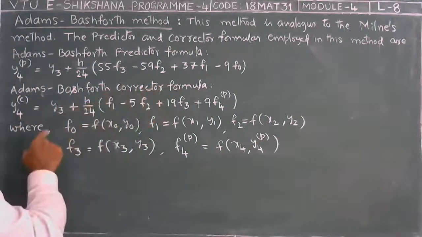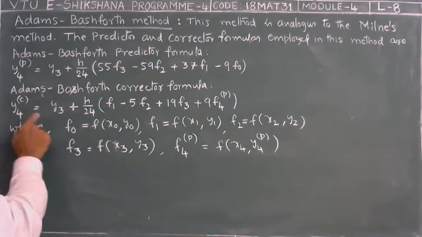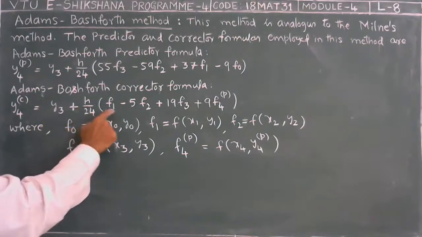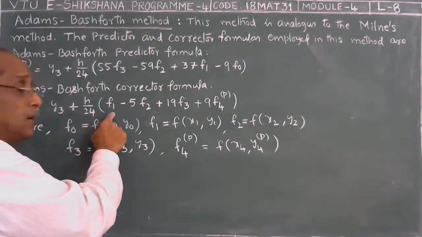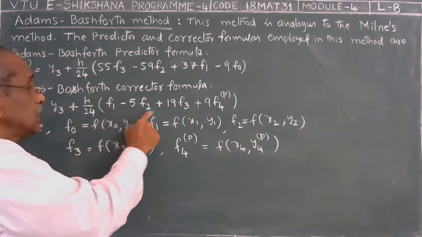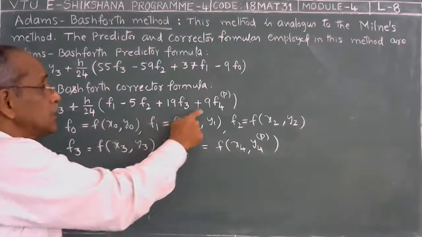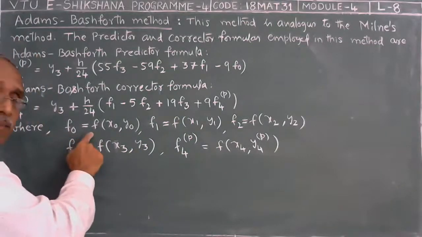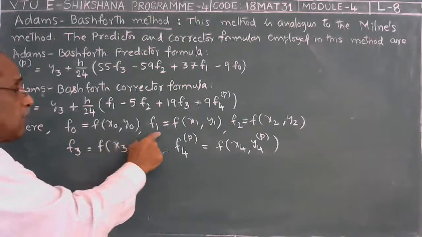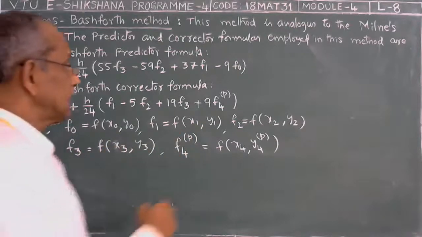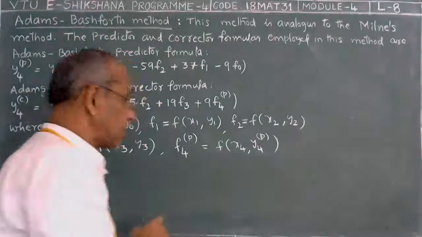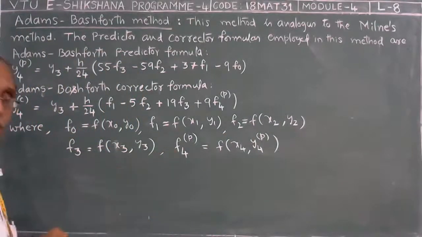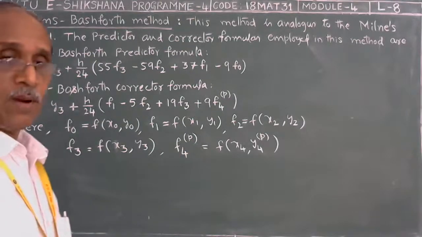Adams-Bashforth corrector formula is given by y4c is equal to y3 plus h by 24 into f1 minus 5 times f2 plus 19 times f3 plus 9 times f4p, where f0 is f of x0 comma y0, f1 is f of x1 comma y1, f2 is f of x2 comma y2, f3 is f of x3 comma y3, and f4p is f of x4 comma y4p.